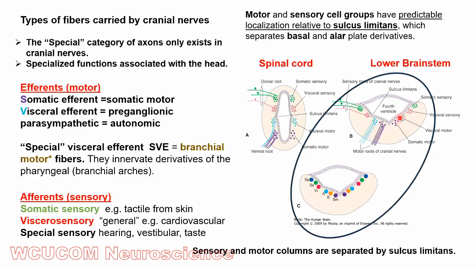So let's talk about lower brainstem again. In the hindbrain, we're going to see these motor cell groups medial to sulcus limitans. And whatever I'm expecting to be sensory will be lateral to sulcus limitans.